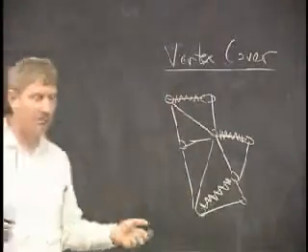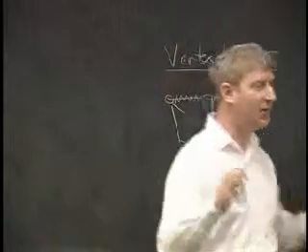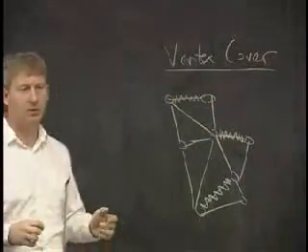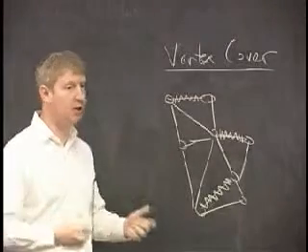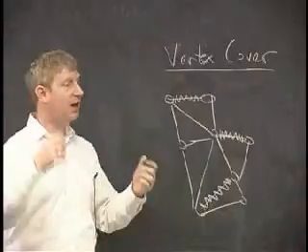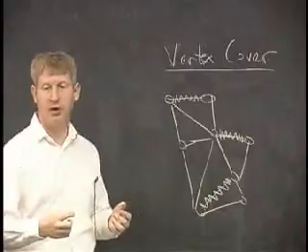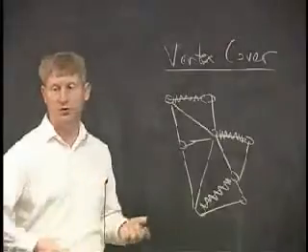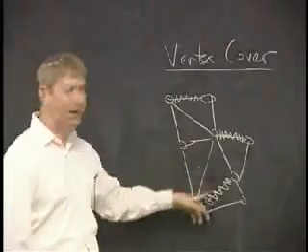Or putting it this way, any independent set of edges on your graph is a lower bound for the vertex cover. You got to have at least that many nodes in your vertex cover. If you can find 3 independent edges, you got to have at least 3 nodes in your vertex cover. If you could find 4 independent edges, you got to have at least 4 nodes in your vertex cover. This is a lower bound, a minimum.